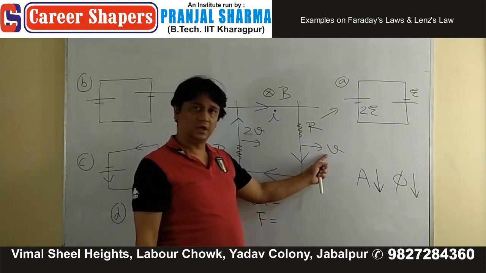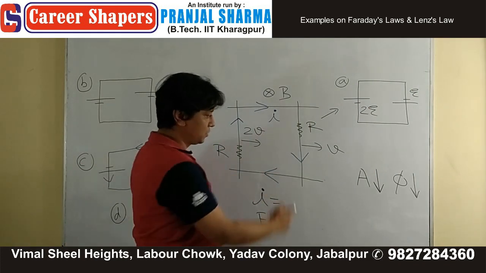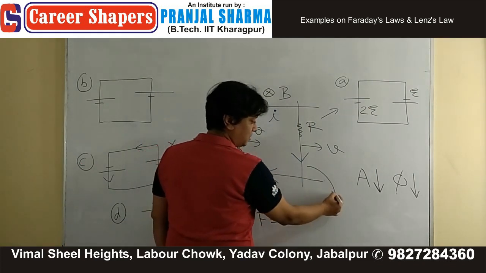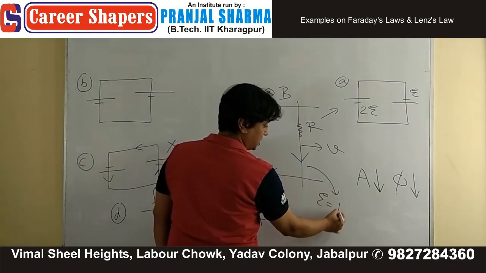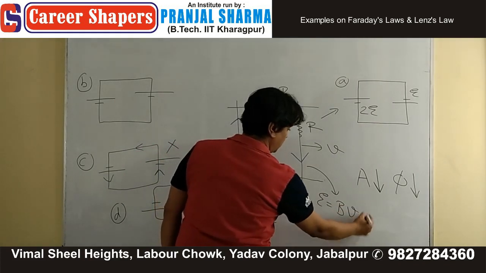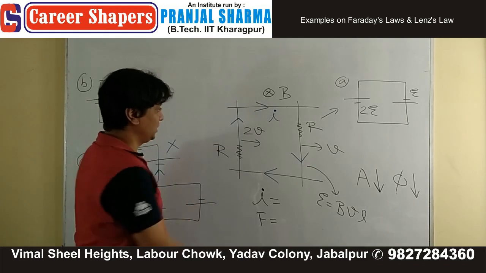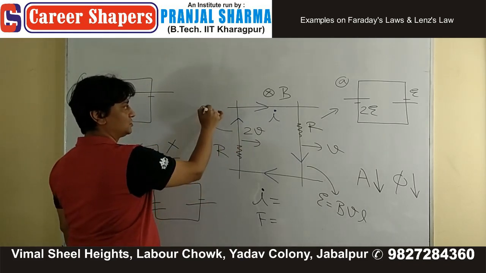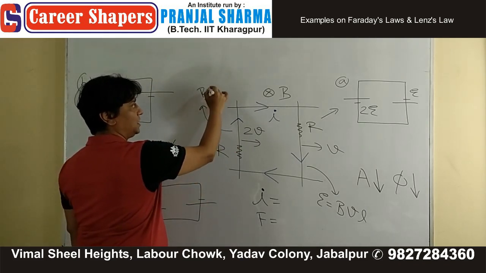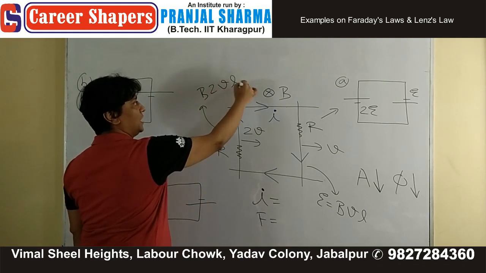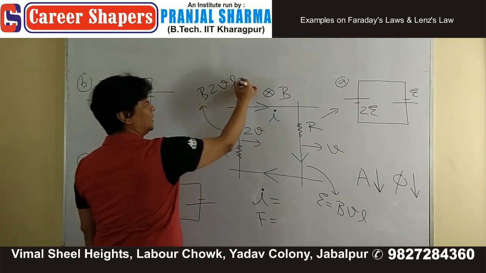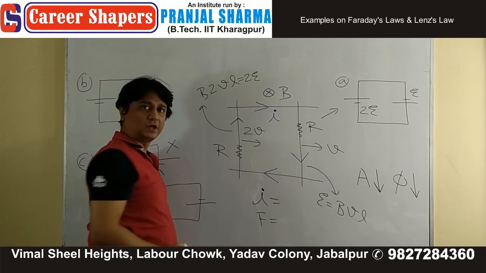This is moving with V, and therefore EMF in this rod will be BVL. This rod is moving with 2V, and therefore EMF in this rod will be B2VL, which I am writing as 2E.